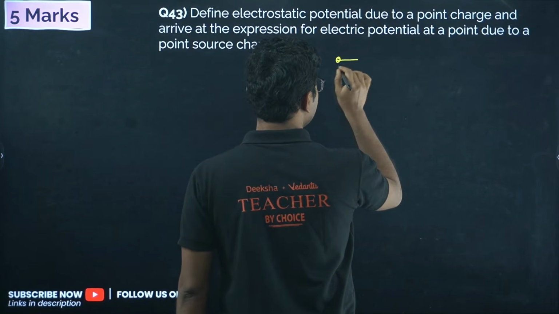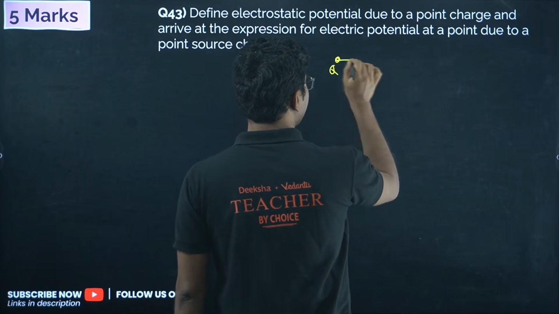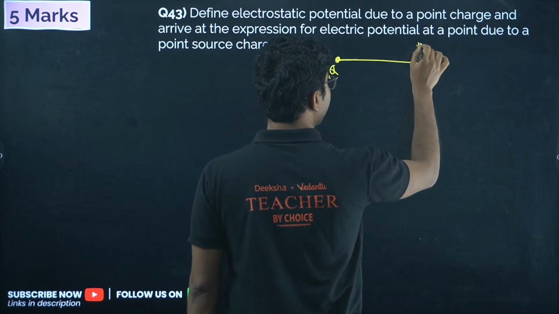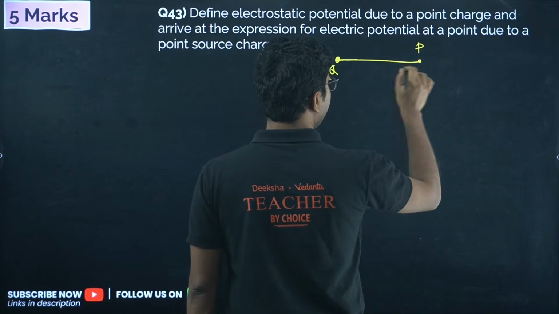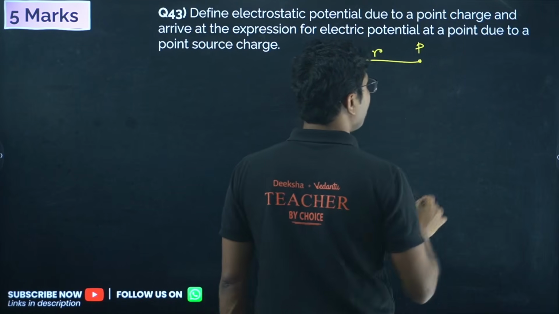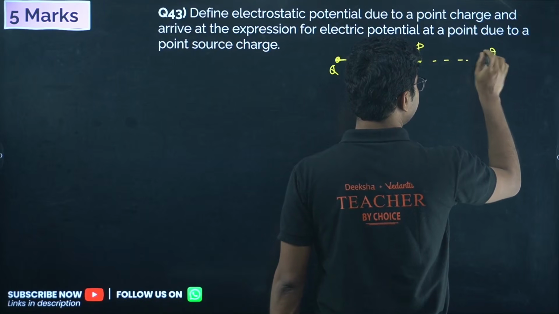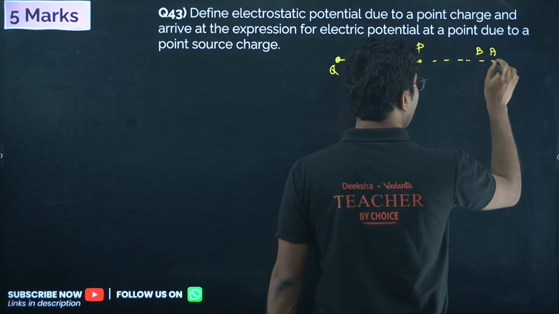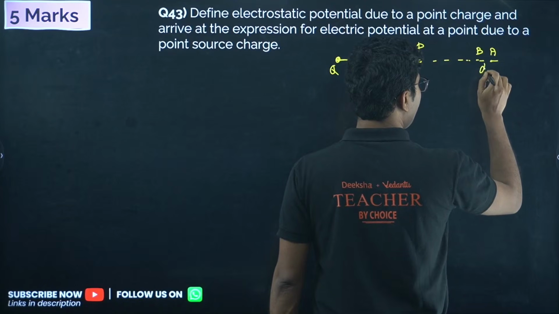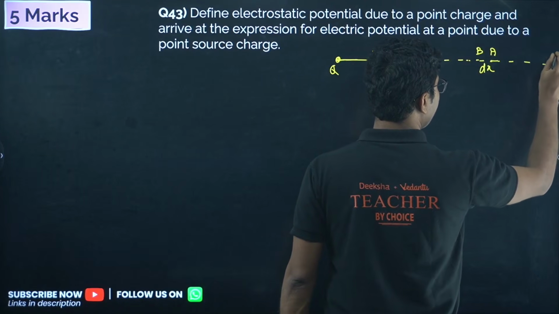Here we have a charge, say capital Q, and we are trying to find the electric field at a point P. This is the point P at a distance small r. Now to do that, we have to take some intermediate points A and B at a small distance dx apart, and we have to go till infinity.